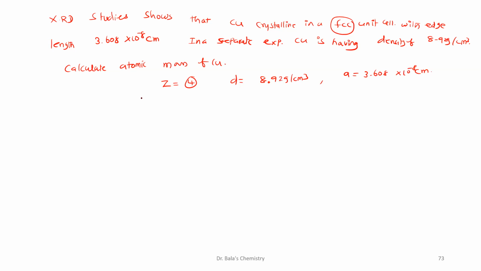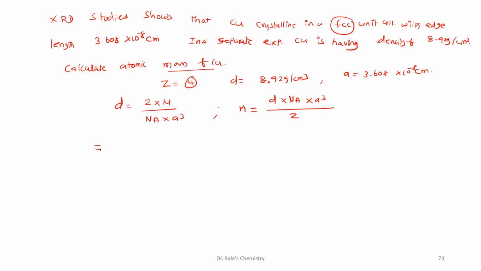So now what do we have to calculate? We have to calculate the mass of copper, that is the molar mass. We know the formula D is equal to Z into M divided by Na, Avogadro number, into a cube. But we need to calculate M. So we change the formula to density into Avogadro number into a cube divided by Z.